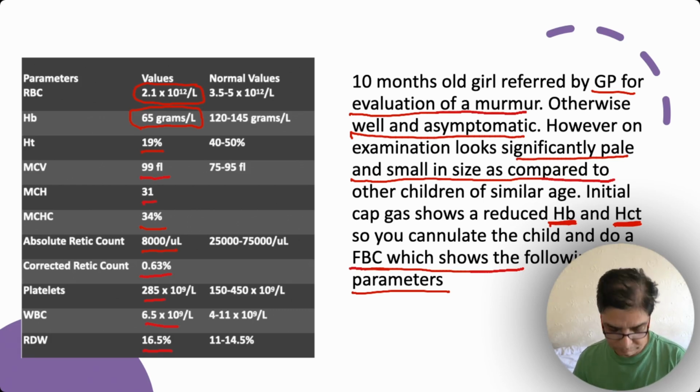Now you don't give us the reference for MCH. Okay, fine. Let me tell you, it is from 27 to 35. So MCH is normal. Same goes for MCHC, let's say that is from 29 to 35. So interestingly, it's macrocytic, but not necessarily that macrocytic. It's just over.